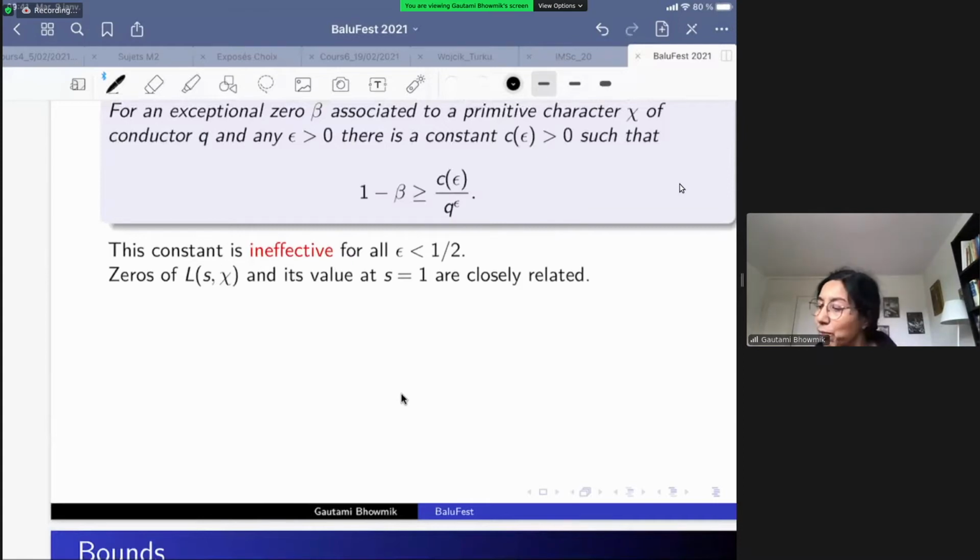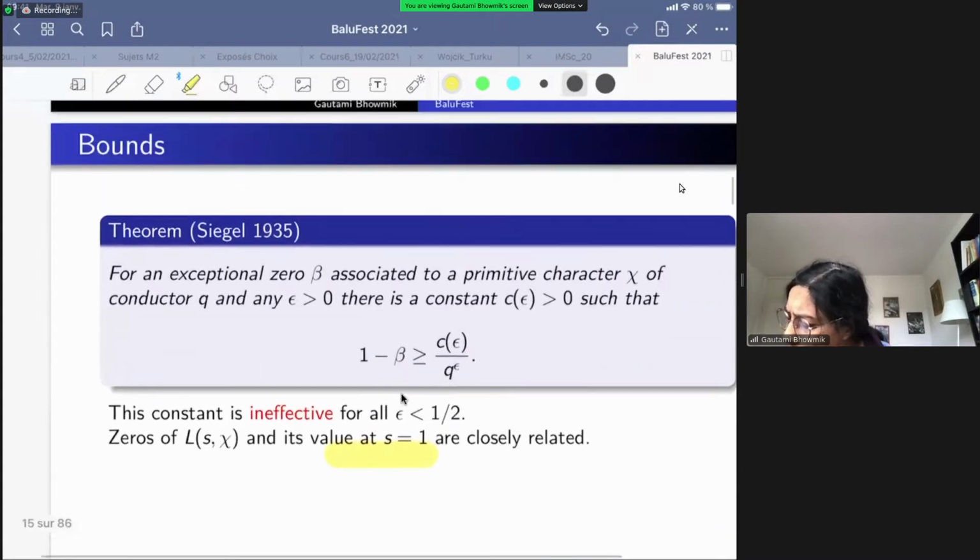If you can study, for example, the zeros by some other method, for example, by looking at the value at s equal to 1, etc. These are some ways to go around the problem, because essentially the theorem as it stands has not yet been improved.